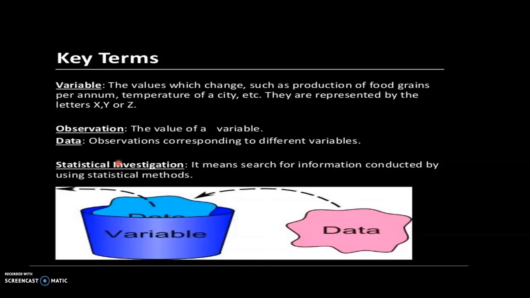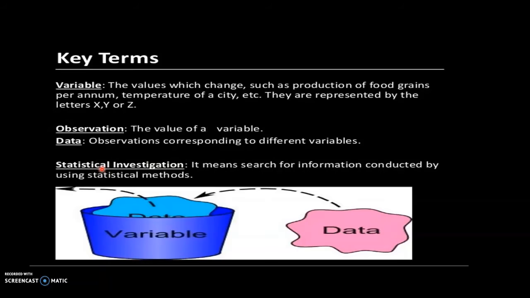You must be wondering, where does data come from and how do we collect it? In the following sections, we will discuss the types of data, methods and instruments of data collection, and the sources of obtaining data. The next one, statistical investigation.